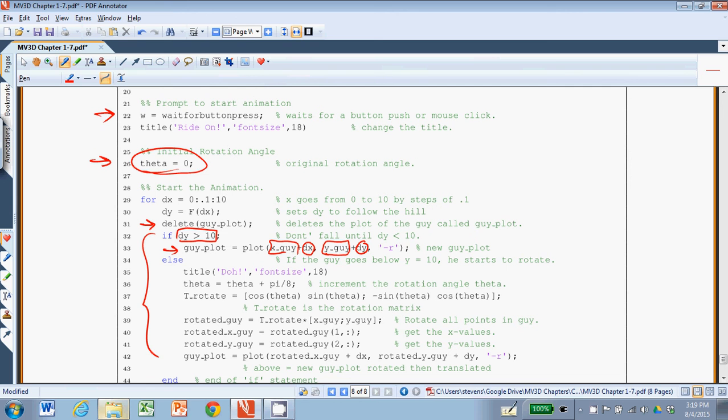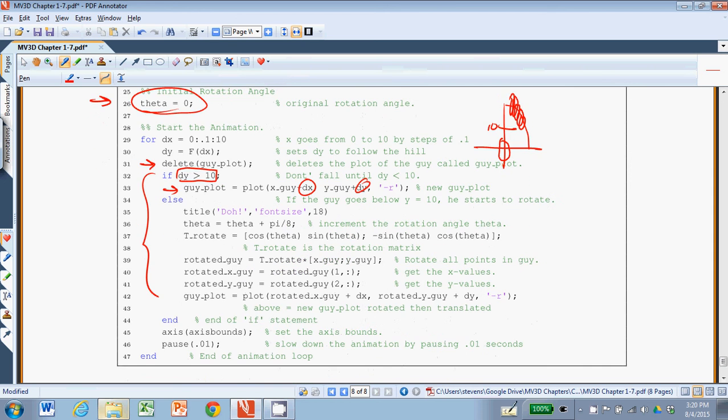So that takes my ellipse, which is starting here, and moves it to somewhere on the hill, right? Every time until I get down to 10. Alright, so this is just that translation that we talked about in the first video from this section.